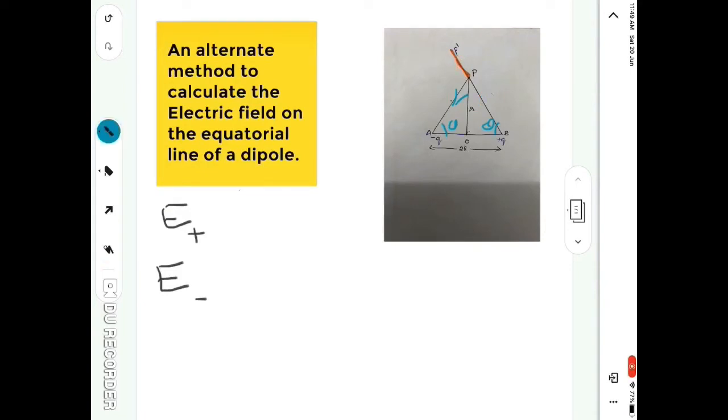So mark the direction for E plus to be that way. So this way down we have the direction for E minus mentioned there to be E minus. Now we are doing a method of resolution over E plus and E minus so that E net can be calculated.